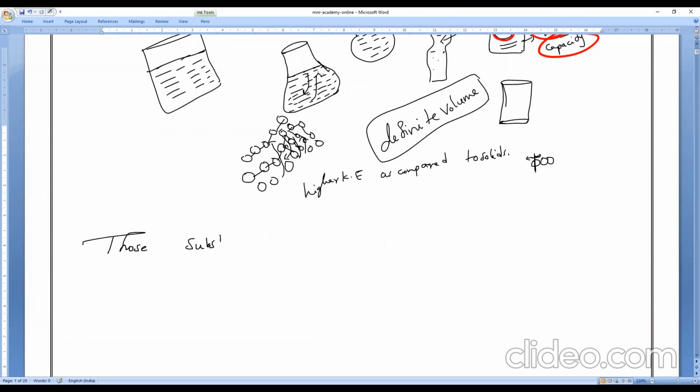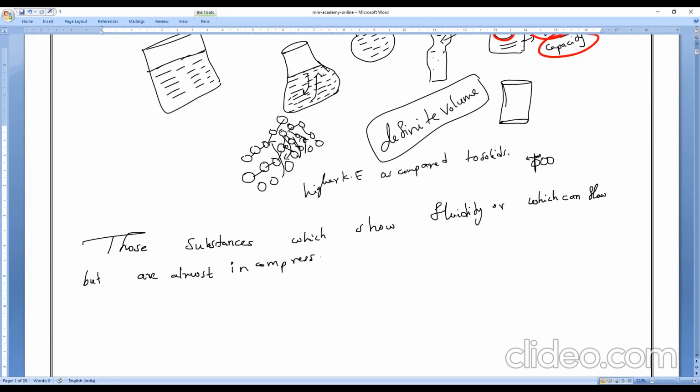Those substances which show fluidity, or which can flow, but are almost incompressible, and have no definite shape, but they have a definite volume.